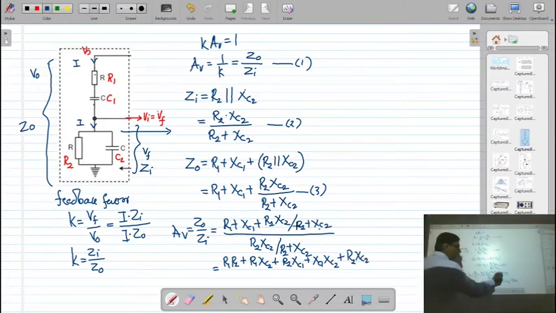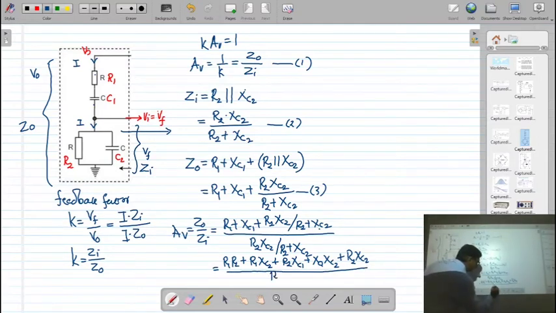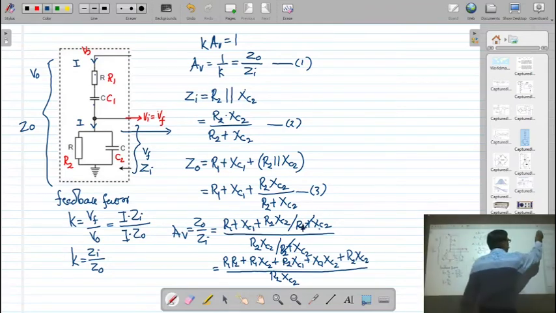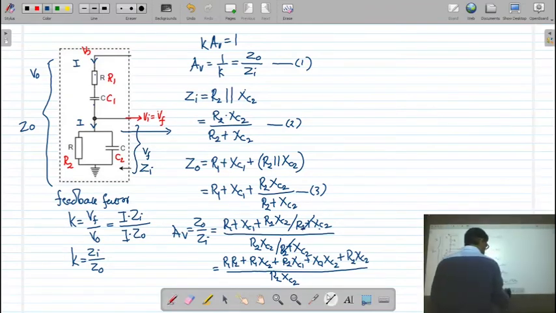Remember, R2 Xc2 is multiplied with R1 and Xc1, and then it is divided by R2 Xc2. Then this term and this term are going to be cancelled out. So now, what is the gain of this amplifier?